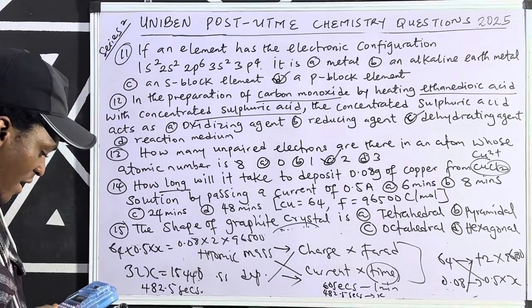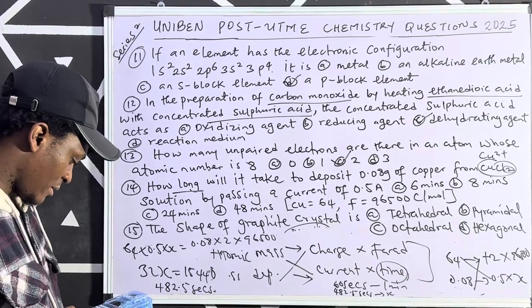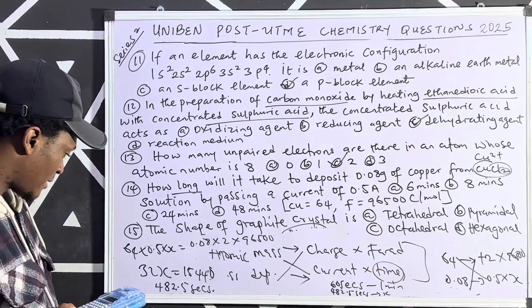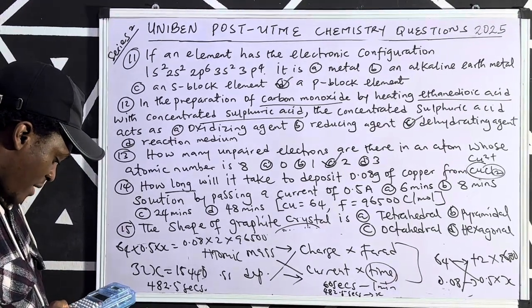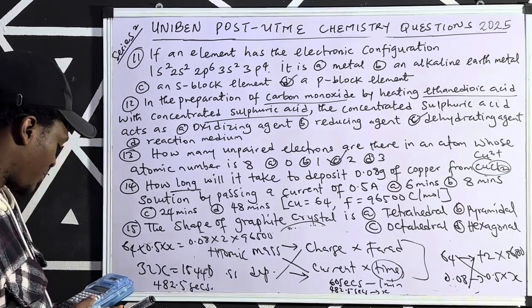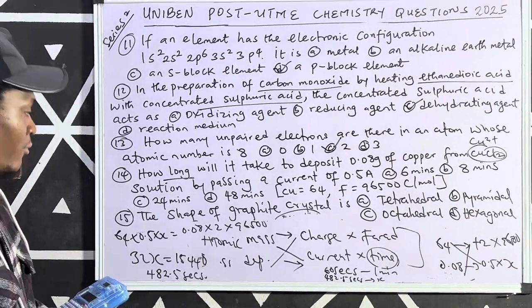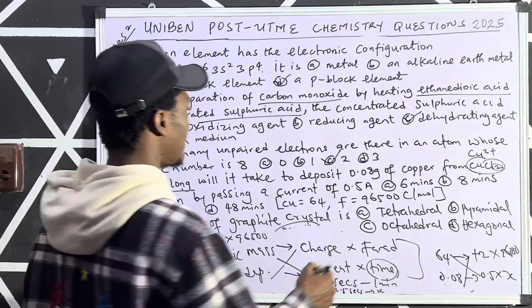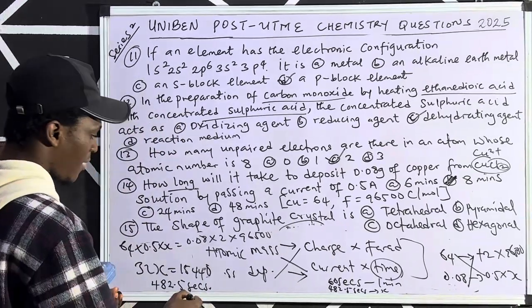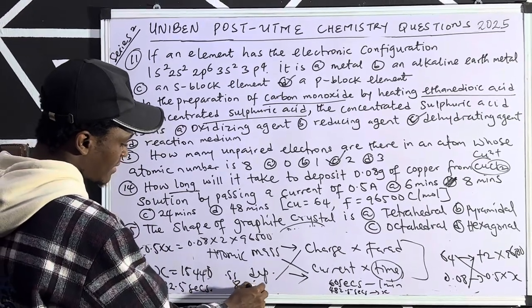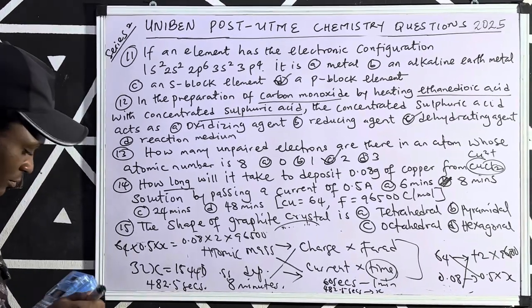So it means we have to divide this by 60. 482.5 divided by 60, we obtained 8.04. So approximately 8 minutes. So our answer to this question is 8 minutes. So that's the correct answer to the question.